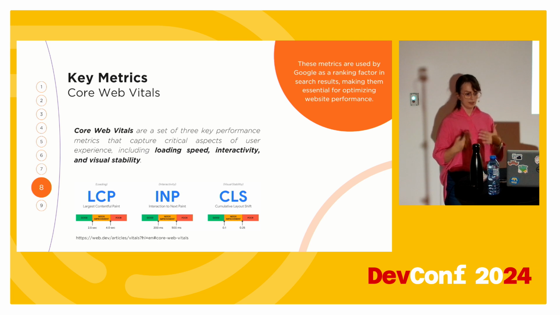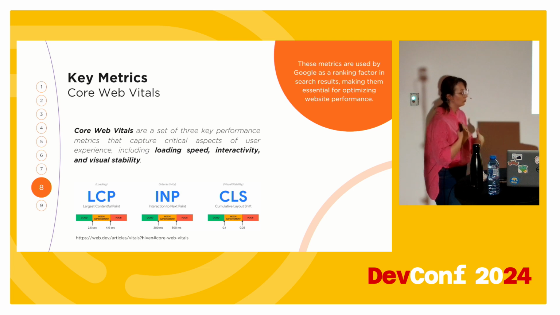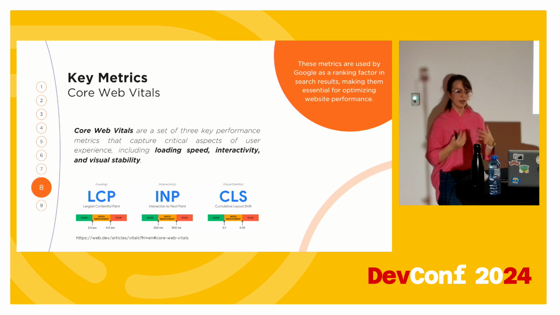And why is this so important? Because these metrics are used by Google as a ranking factor in search results. So if you want to be higher in the rankings, you need to take care of these metrics.